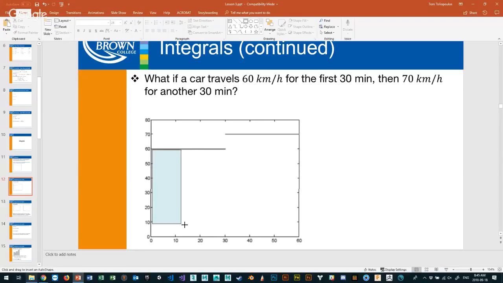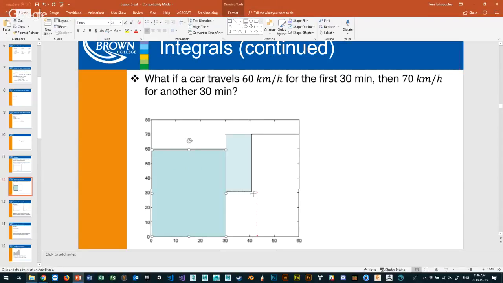I have one rectangle here, roughly, please forgive my drawing skills, and another one over here, which we add up together to get the total area under the curve. And the curve is not really a curve, it's just two lines, a speed and then another speed. We all see this.